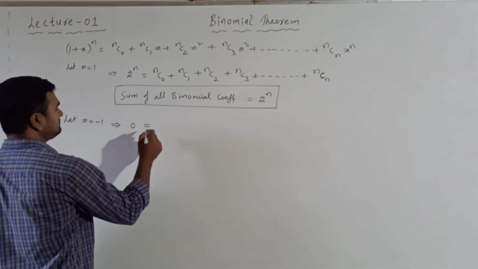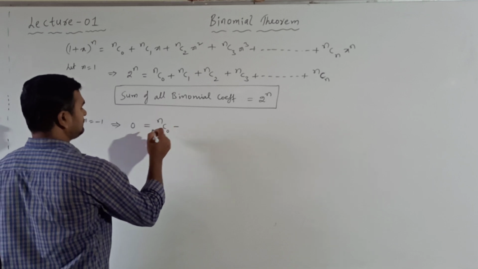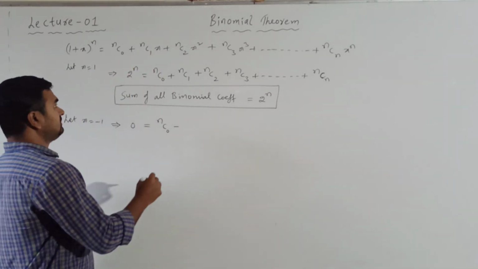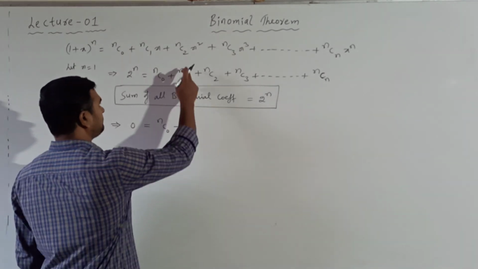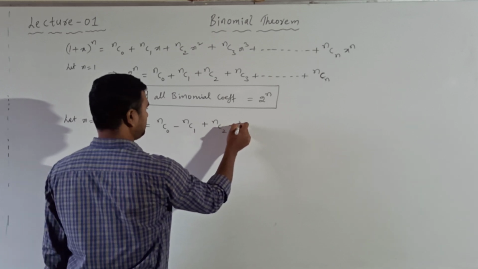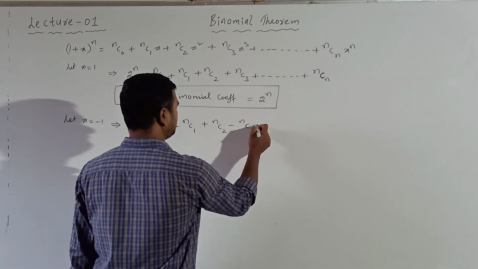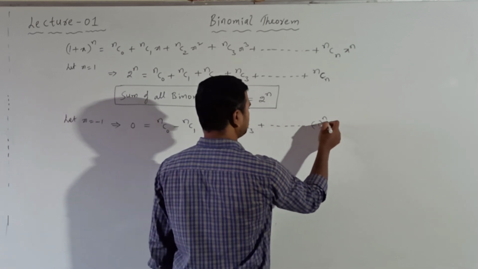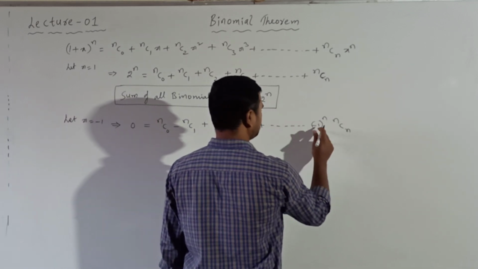So 0 equal to nC0 minus, because x is minus 1, nC1, minus 1 whole square is plus nC2, minus nC3 and so on. Depending on n value, minus 1 power n into nCn.